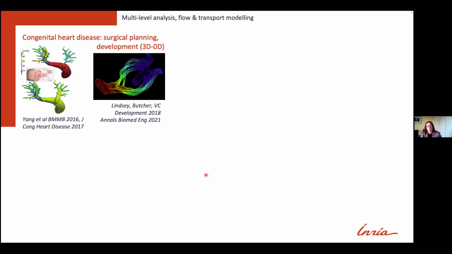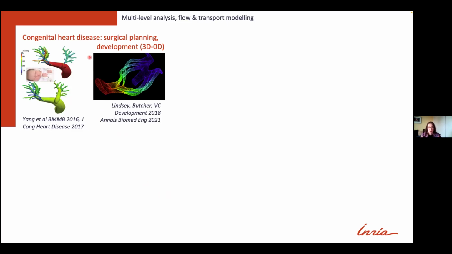So we've been performing flow and transport modeling for different applications, especially, for example, for surgical planning or development of a disease.